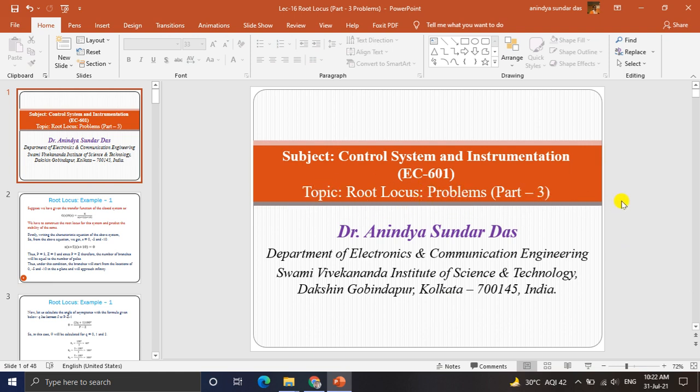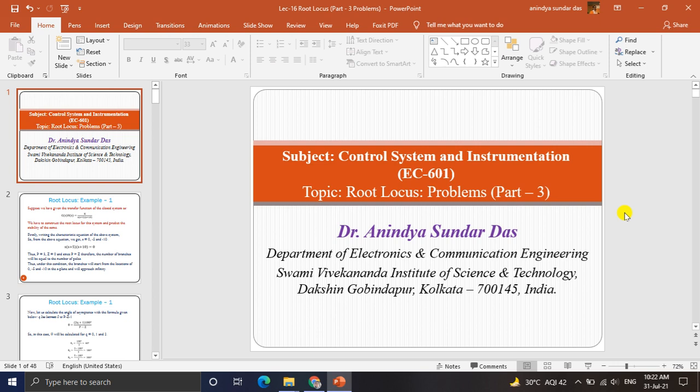Okay, in the last two lectures, that is lecture number 14 and 15, I discussed the concept of root locus, what points we can find after plotting the root locus, how to find out whether a point lies on the root locus or not using the angle condition, and then how to find the controller gain k value using the magnitude condition.